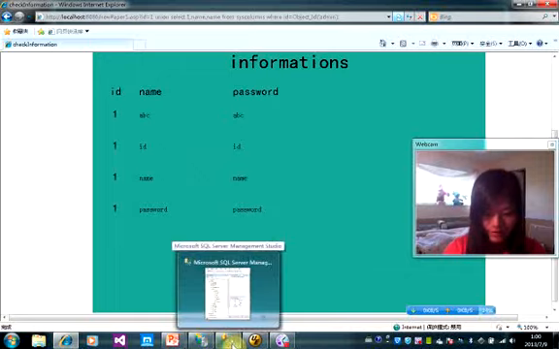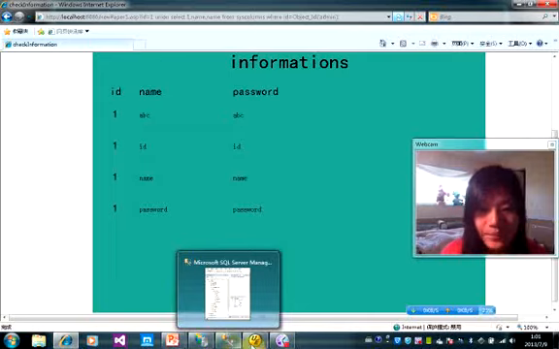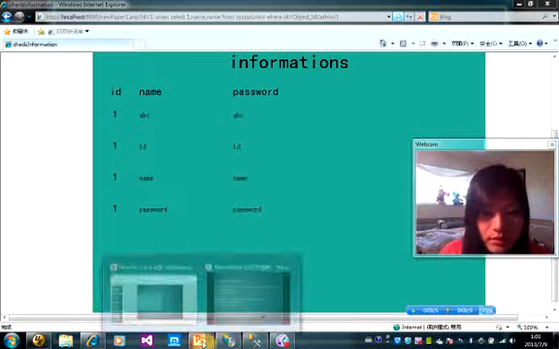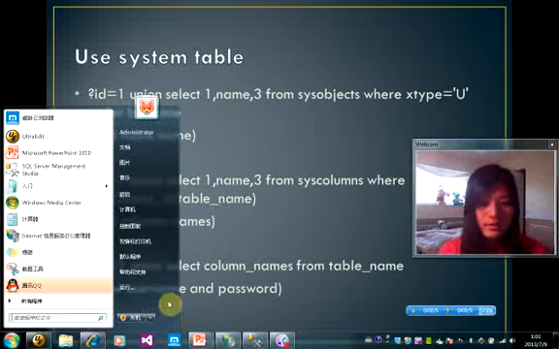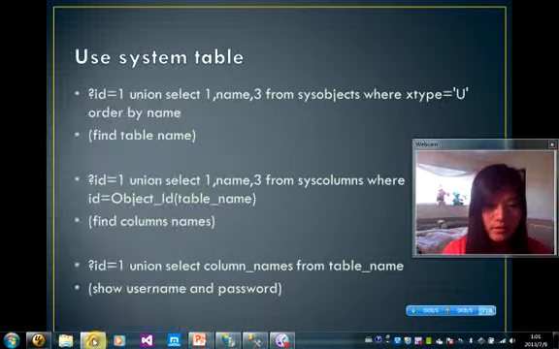So after I have the table name and column names, I can get everything I want. Use this select command. Select all the columns from the table name. Then we can see everything I need.